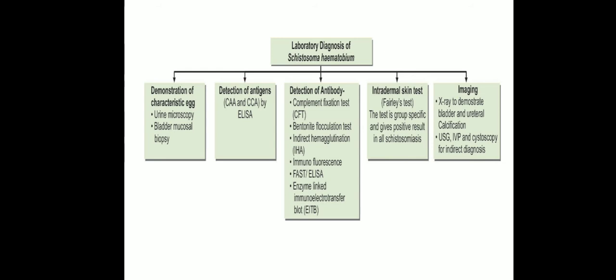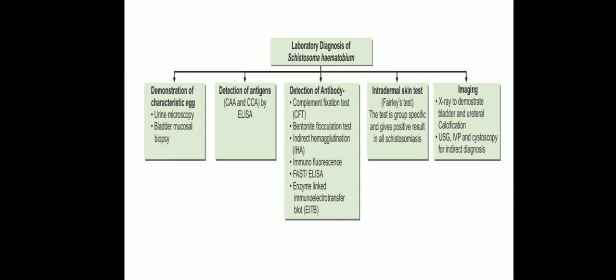For the detection or demonstration of Schistosoma haematobium, you can perform demonstration of characteristic eggs, detection of antigens, detection of antibody, and intradermal skin tests, as well as imaging. So these are the different methods we can perform to detect the parasite Schistosoma haematobium.